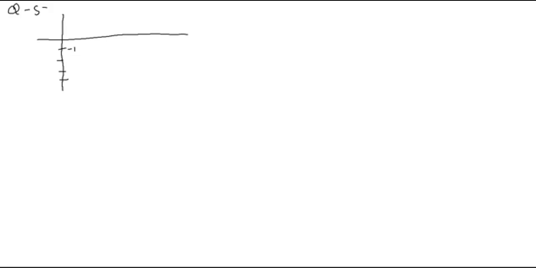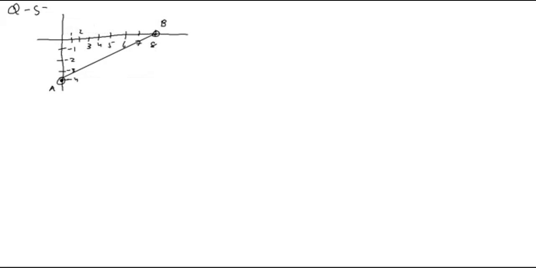This is -1, -2, -3 and -4, then 1, 2, 3, 4, 5, 6, 7, 8. So this is my point B (8, 0), whereas this is my point A (0, -4).